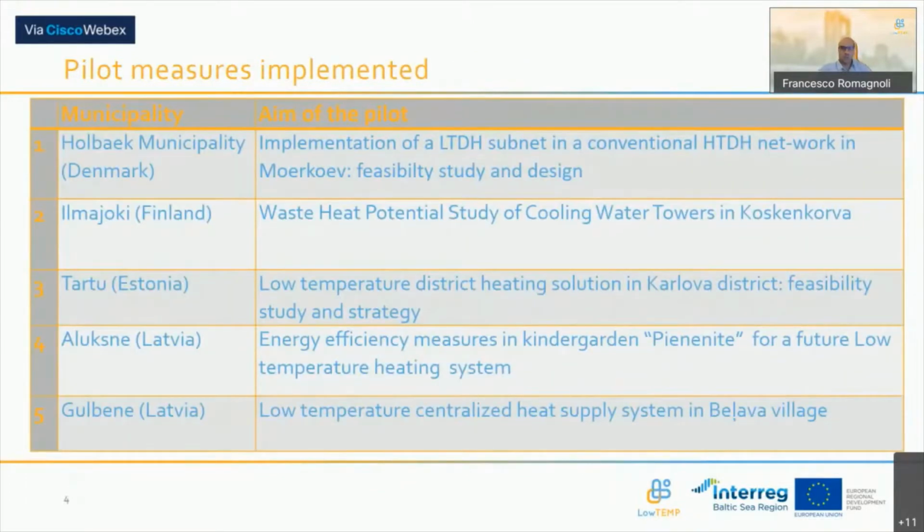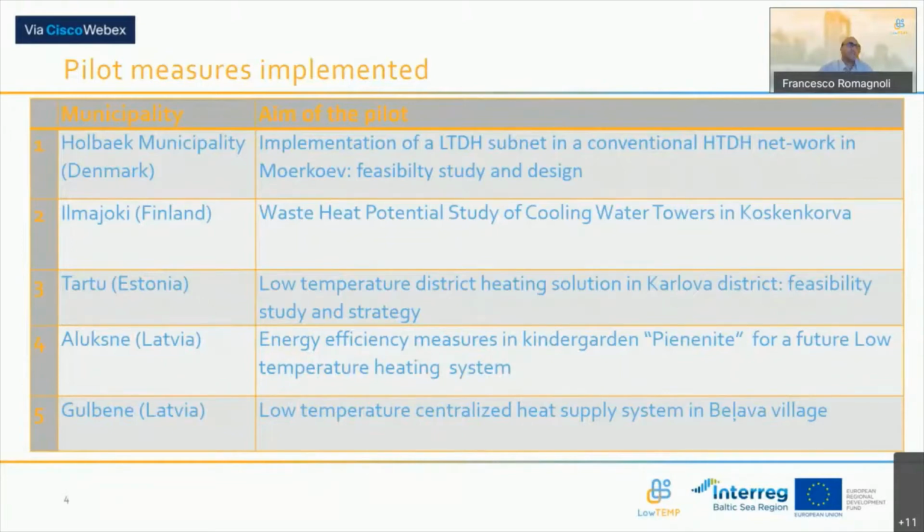Before giving the floor to the specific pilot case study of Halmstad, I would like to make a quick list of the pilot measures implemented. They were really wide, with different scopes. They were implemented in 7 regions, with a total of 10 described and reported pilot measures.